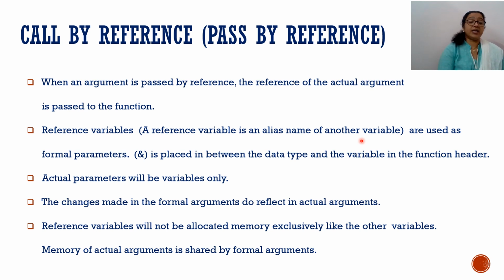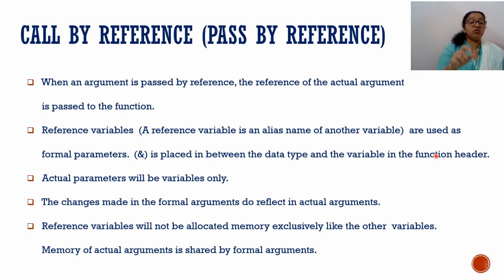So how can we make it a substitute name? See, the ampersand sign. This sign is placed in between the data type and the variable in the function header. So where will we use it? In the formal parameters, the function definition header part.